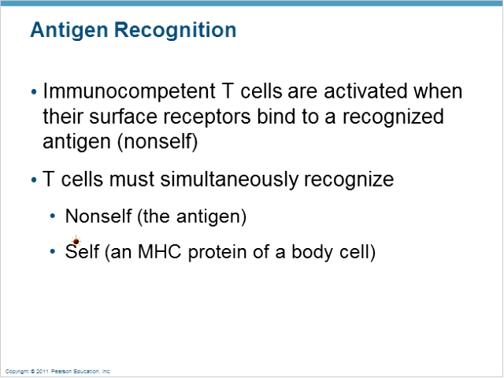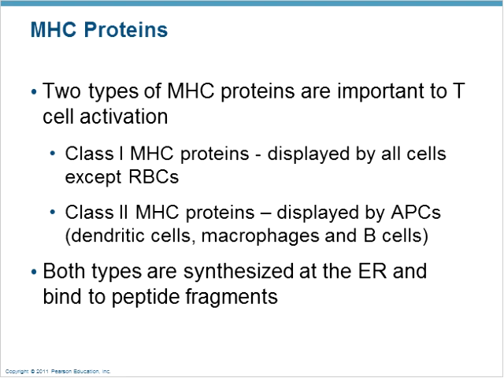They have to be able to do both, because you want them to attack the foreign substance, not us. It's a little more complicated. There are two types of MHC proteins that are important to T cell activation, class 1 and class 2. Class 1 are displayed by all cells except red blood cells, and class 2 are displayed by APCs, which would be dendritic cells, macrophages, and B cells.